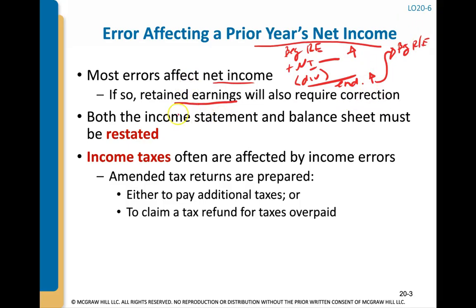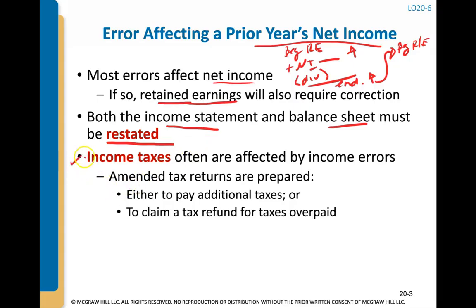So if there's a net income issue, an error in the net income from the prior year, then that's going to affect your retained earnings, which also needs to be corrected. So in that situation, both the income statement and the balance sheet must be restated. So we've learned in prior videos that restated means that the financial statements need to be restated as if the error had never happened.